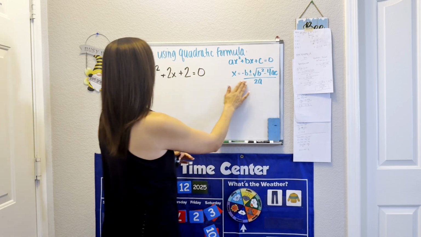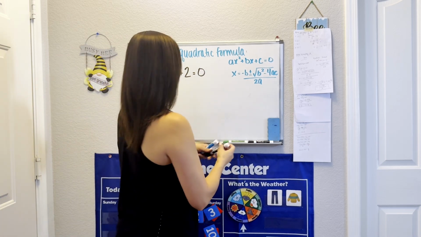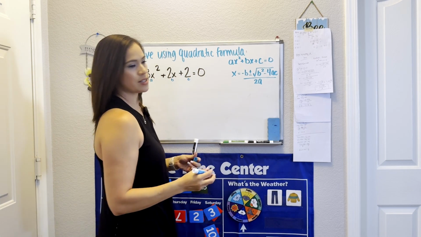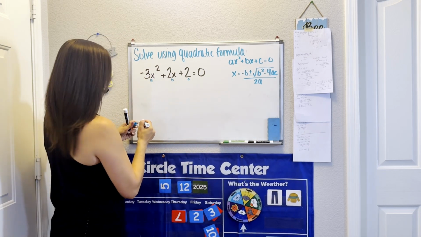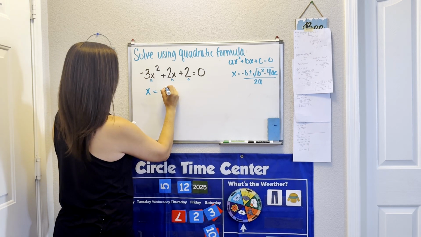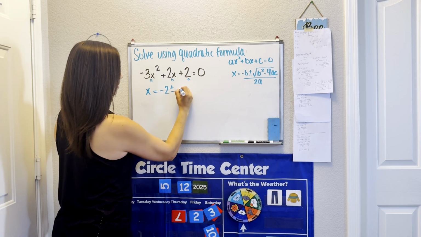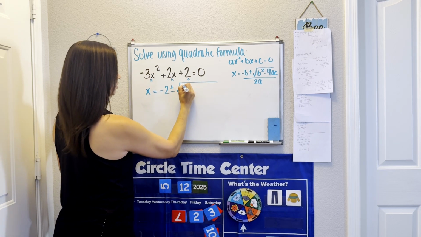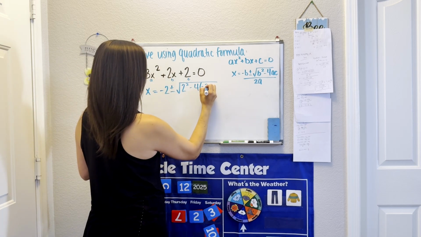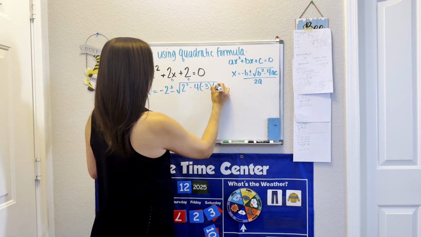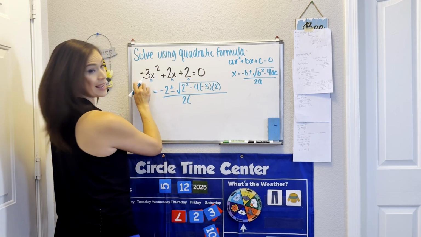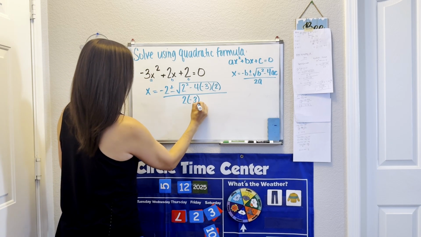So now we're going to use that and we're going to plug it into what we have here. So we know that this is going to be our A, our B, and our C. So we have x equals negative b, so negative 2, plus or minus the square root of b, so 2 squared, minus 4 times a, which is our negative 3, times c, which is our 2, all over 2 times a, which is our negative 3.